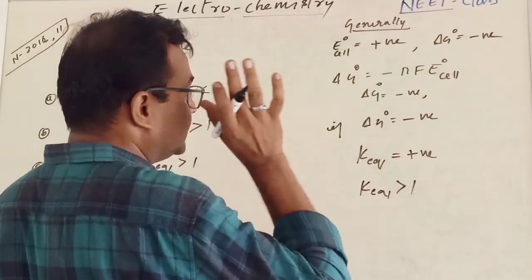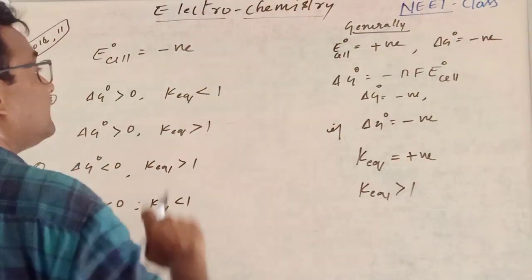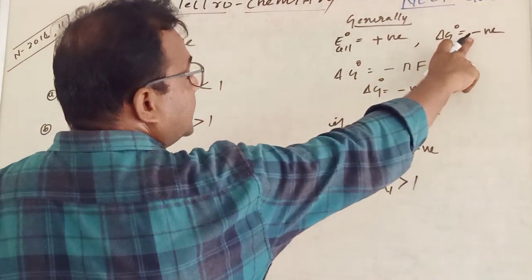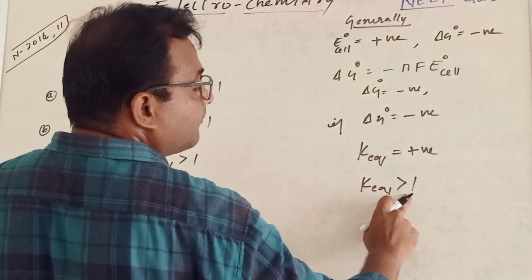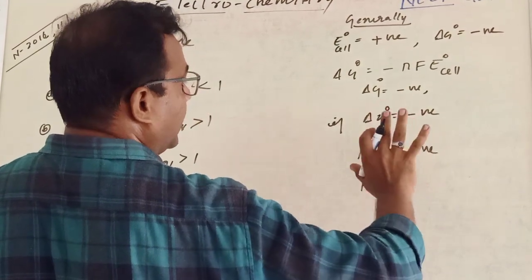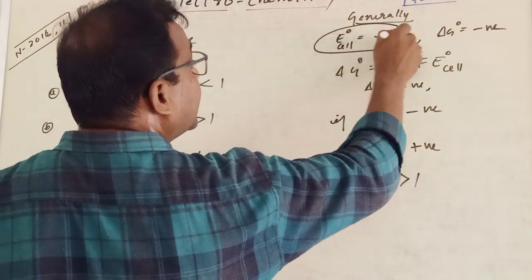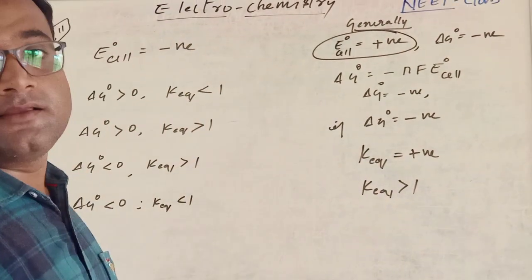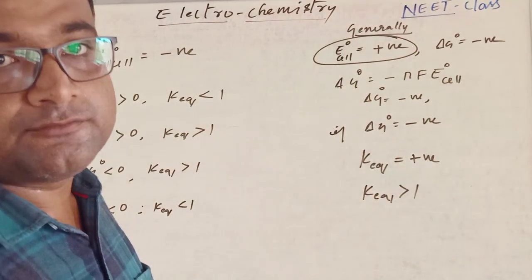So these are the conditions. If delta G is negative, equilibrium constant is more than 1, when E naught cell is positive.